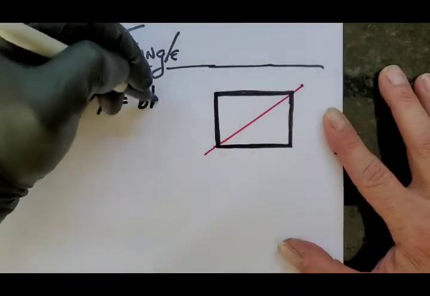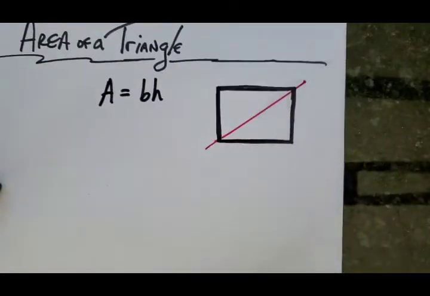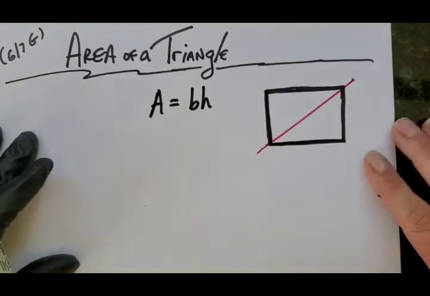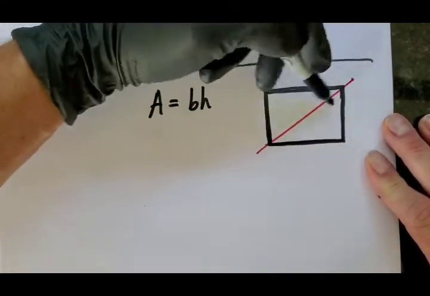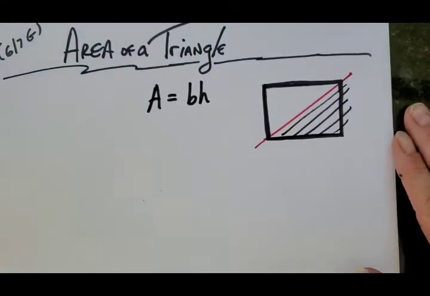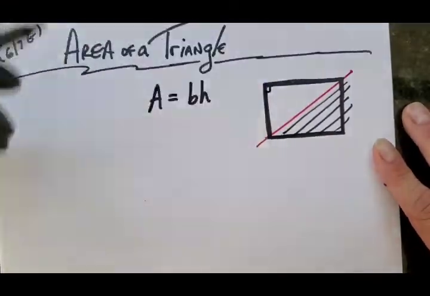Okay? So, before I did this, the area of this rectangle was the base multiplied with the height. Well, now that we've cut it in half and gotten rid of part of the area, we're left with a triangle. And that triangle has two sides that meet at a right angle.